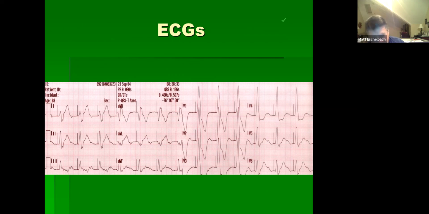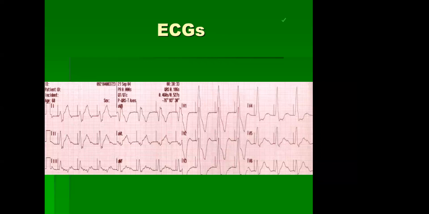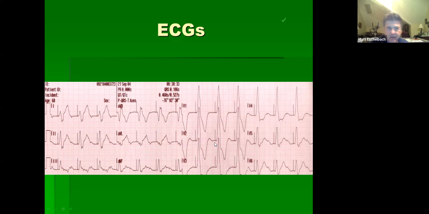All right, next one. Right off the bat, I'm noticing that there are pacer spikes off of the P wave. So you can't call it an MI with the pacer spike. No, you can't. Perfect. Absolutely. Here's a pacer spike.